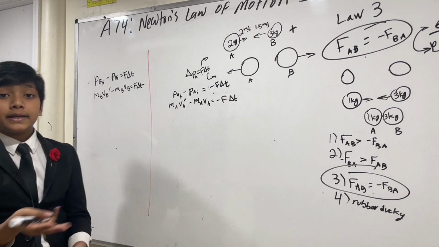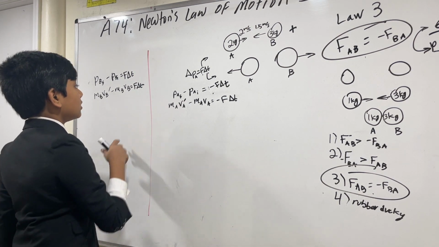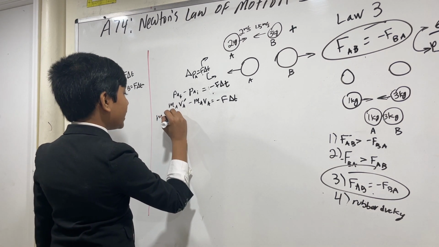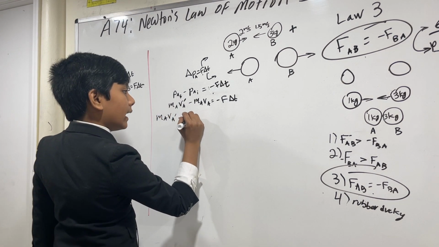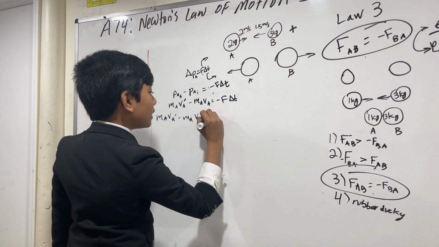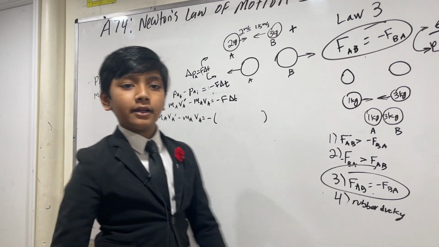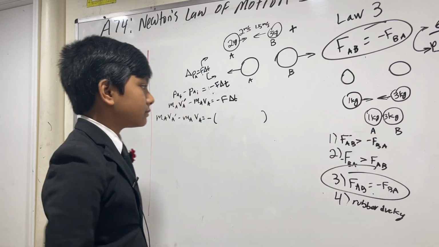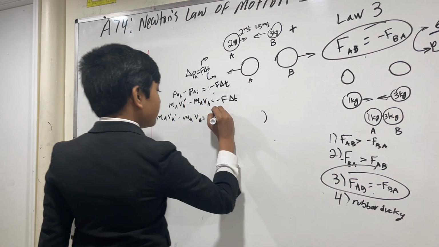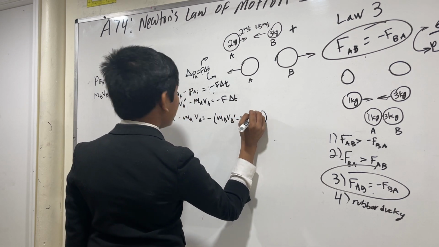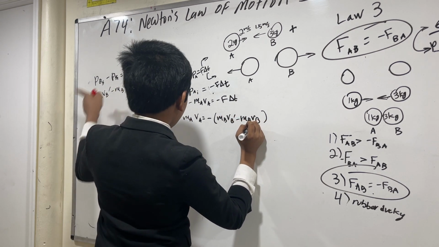And now we can equate these equations. Since this is F delta T, we can take MAVA prime minus MAVA is equal to, and we just plug in. And remember to keep the minus there, because forgetting the minus will muddle everything up. So you've got MBVB prime minus MBVB from all the way over there.